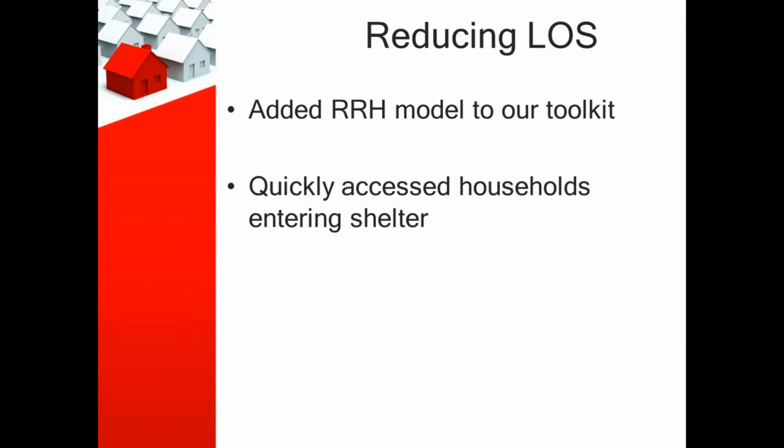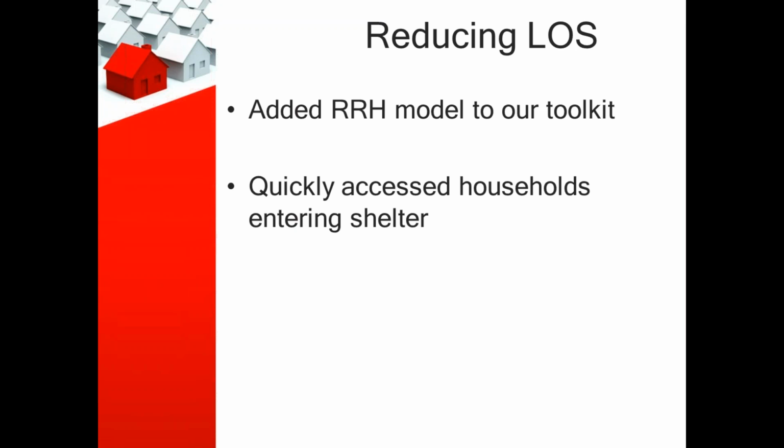And what we found was those individuals that we were able to quickly house within 1 week, within 2 weeks, could have theoretically been housed, could have been diverted from even ever entering shelter. And we also saw that their score on the VIs corresponded with that.